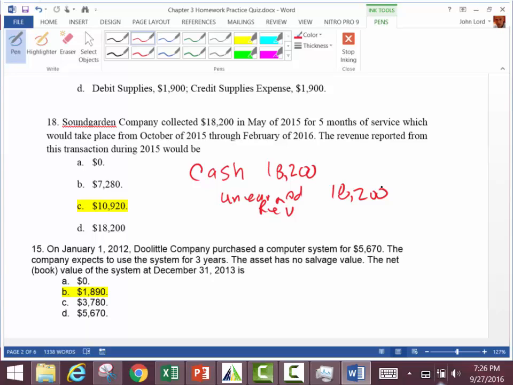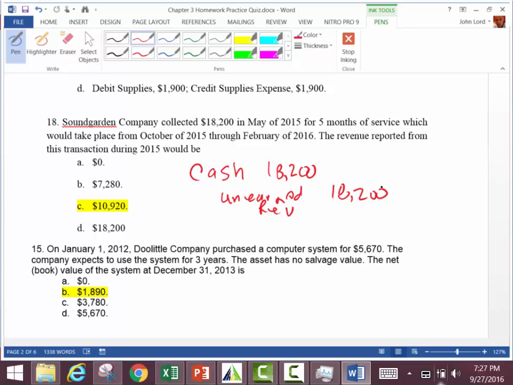So if we collect the cash in May, what do we do in May besides the journal entry you just told me? It's 5 months that'll begin when? In October. What do we do in May other than what you just told me for the collection of the cash?